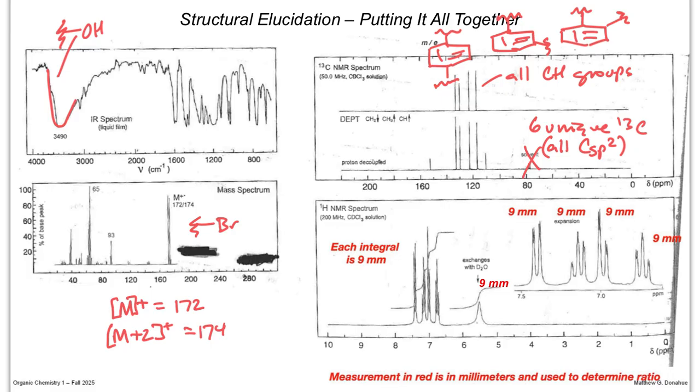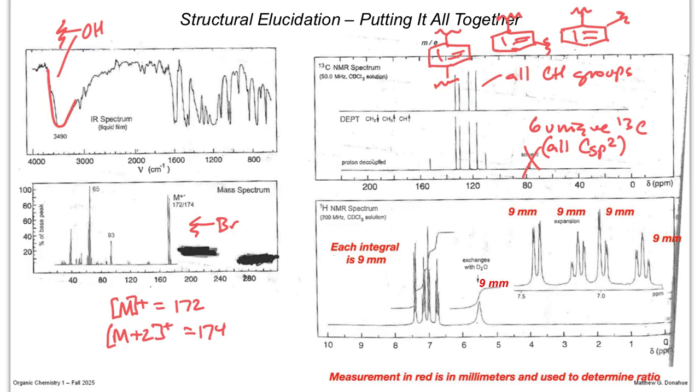So what do we do next? We have to look at the splitting pattern. And that's what is going to differentiate the one in blue from the one in black. Before we get to that, it says each integral is 9 millimeters. All I did was take a ruler and measure this line right here, that integral curve.